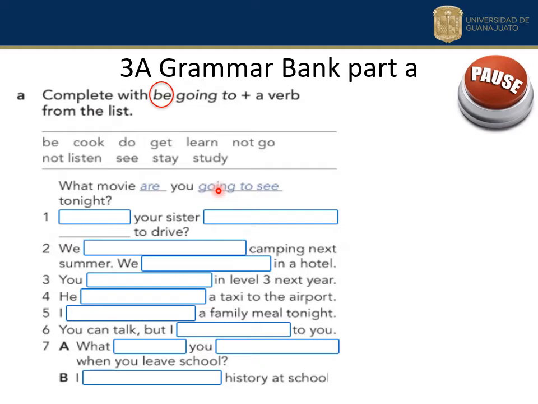What movie are you going to see tonight? ¿Ok? El verbo no se modifica, el verbo principal aquí sería see, el auxiliar es going to, y lo único que cambia es el verbo to be, que es parte del auxiliar, ¿ok? Recuerden que aquí los auxiliares es be, going to, estas tres palabras, pero la única que va a cambiar es be, dependiendo del sujeto. Okay, so right now you can pause the video so you can complete this activity.